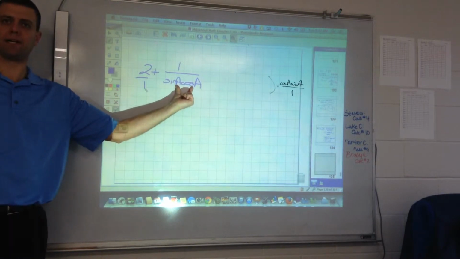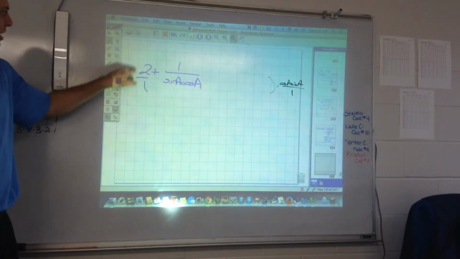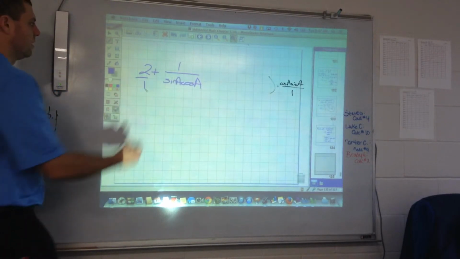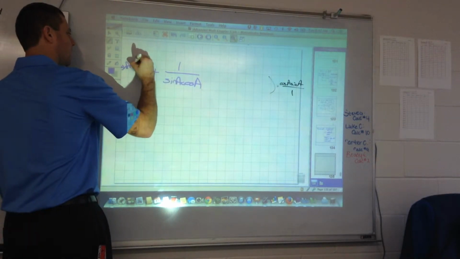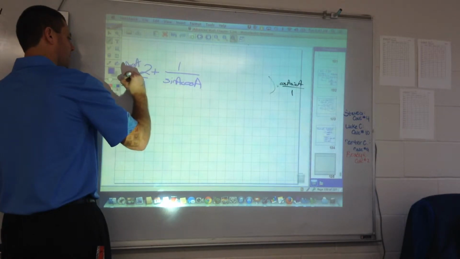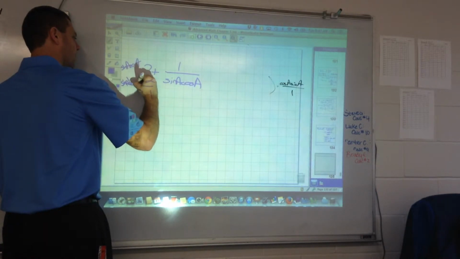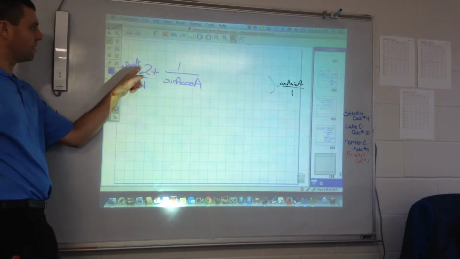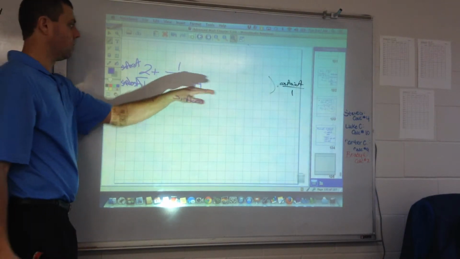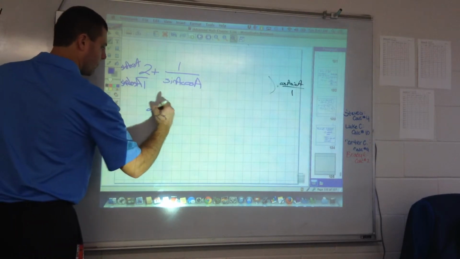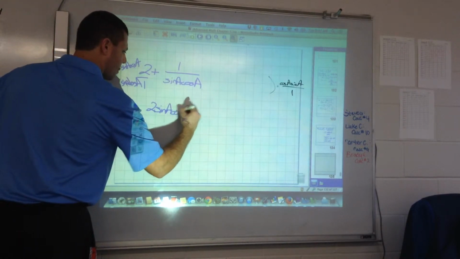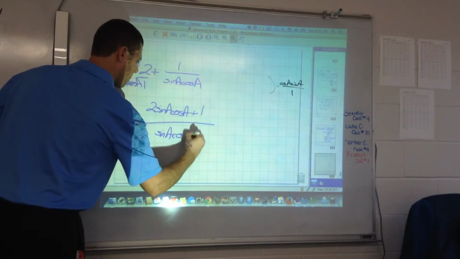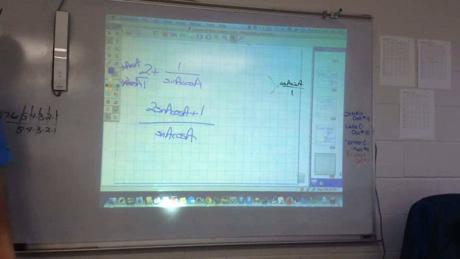This would be my common denominator, so I take the top and the bottom of this fraction times sine A cosine A, and you have 2 sine A cosine A plus 1 all over your common denominator. Does that make sense? Yeah.